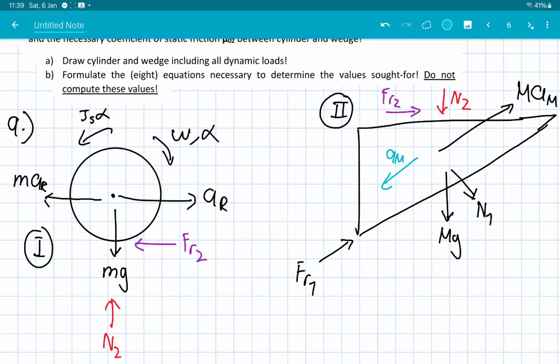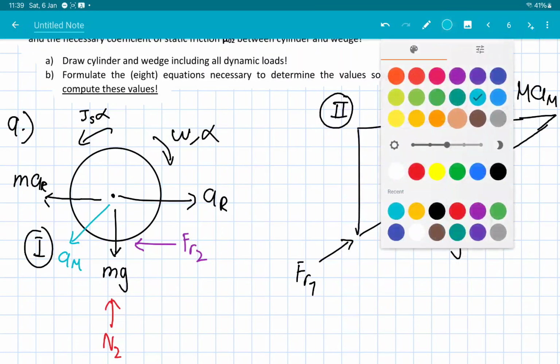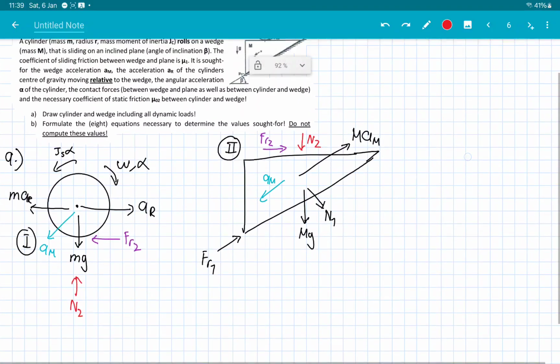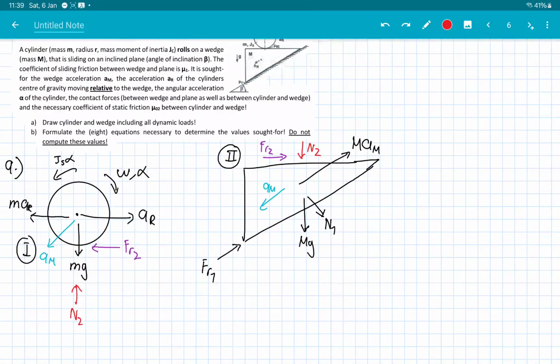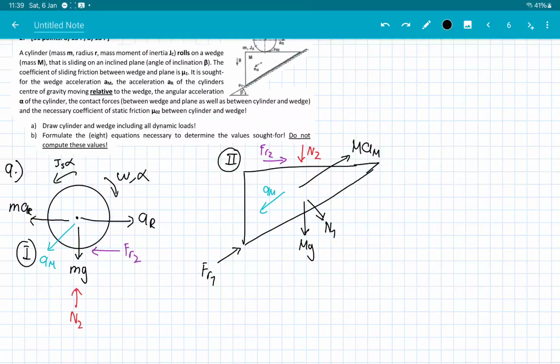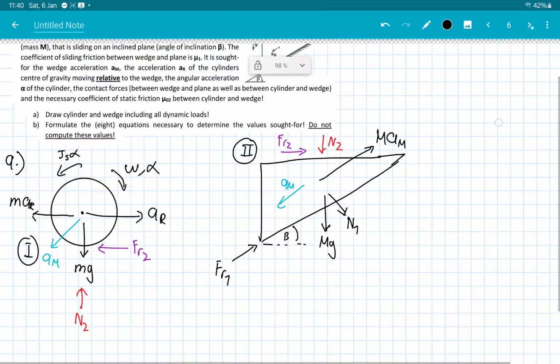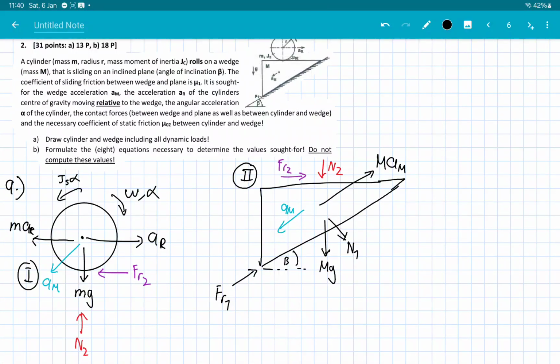If this is an acceleration AM, it means that we also have an acceleration in this direction called AM, but we do not have AR here because it's not influenced by it. So you could say that the circle is influenced by the triangle, but the triangle is not influenced by the circle.